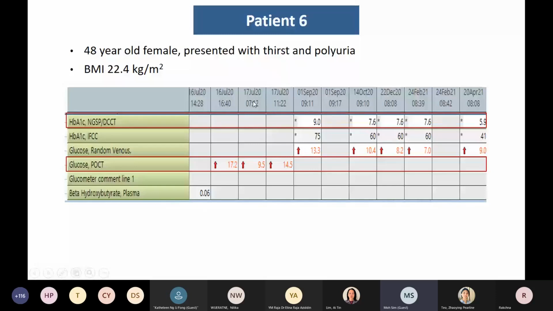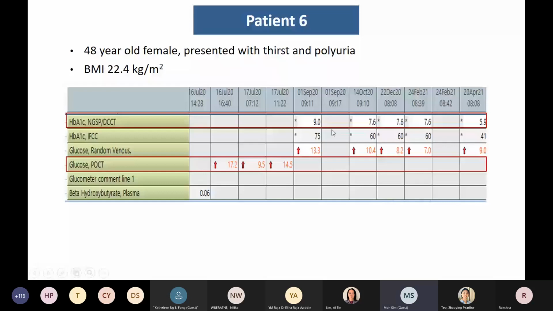She received insulin and sliding scale insulin, and on the 17th of July, you can actually see her glucose levels stabilizing with a lower level of 9.5, and she was discharged on the 17th of July.